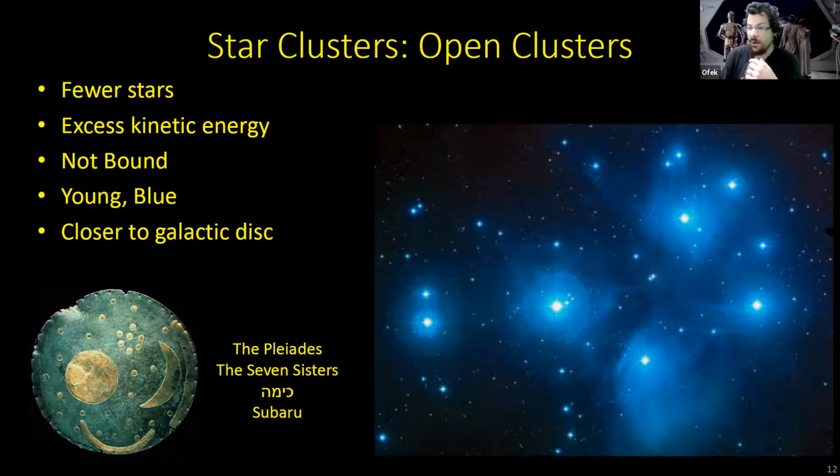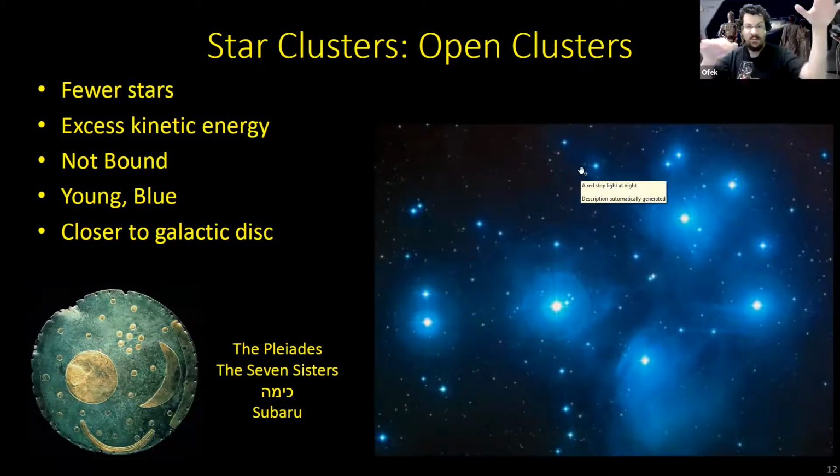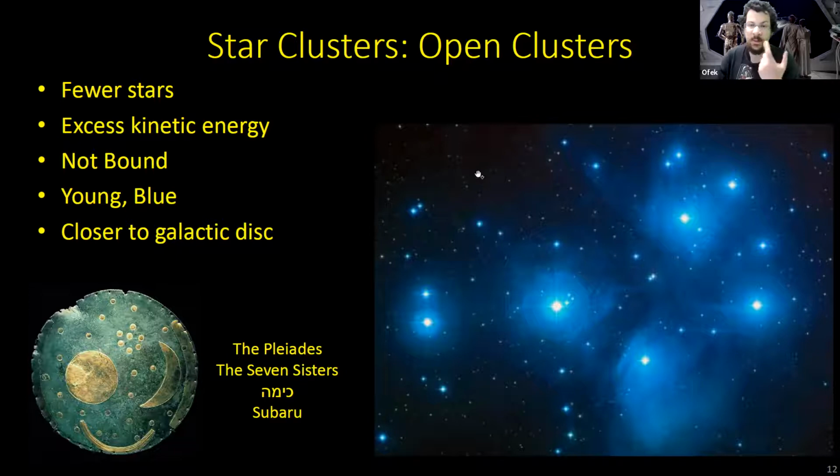These stars fly around each other and they feel each other, but they're not necessarily bound. They can be created at random or dispersed at random, which means they're typically much shorter lived, much younger, and hence a lot bluer. We see here a surplus of young blue stars as opposed to the redder and deader globular clusters.